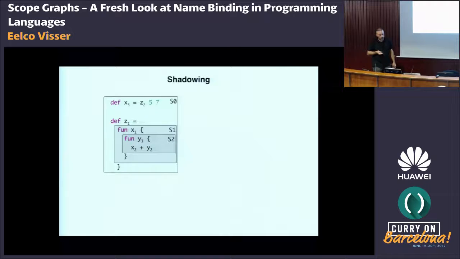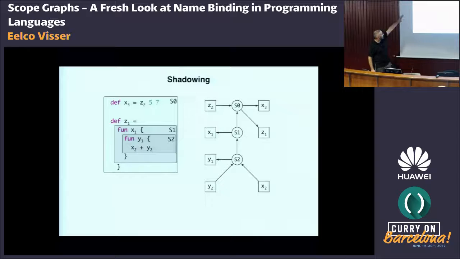So shadowing, for example. Here we have a similar example as we saw before. We have two declarations, and we have a lambda, but now we have a nested lambda, and let's see, what is the issue here? There's a reference of x in the body of the inner lambda.